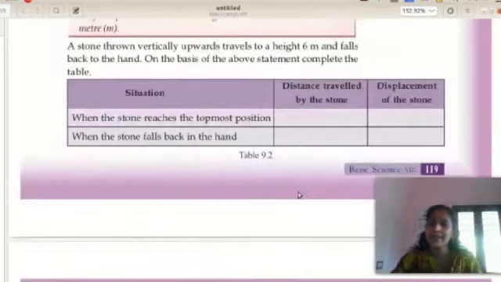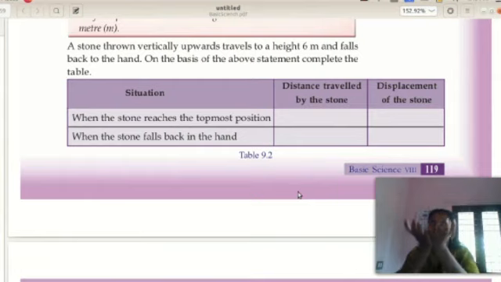We can consider another situation. If we throw a stone vertically upwards, it travels to a height of 6 meter and falls back to the hand.